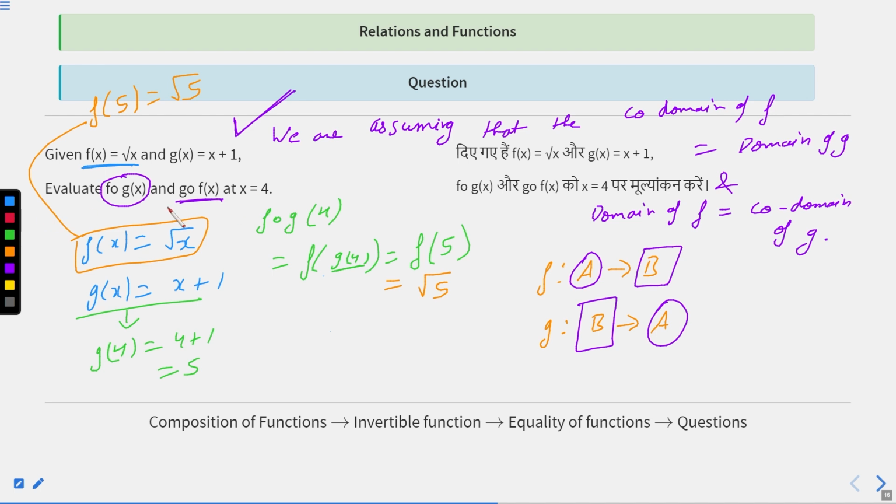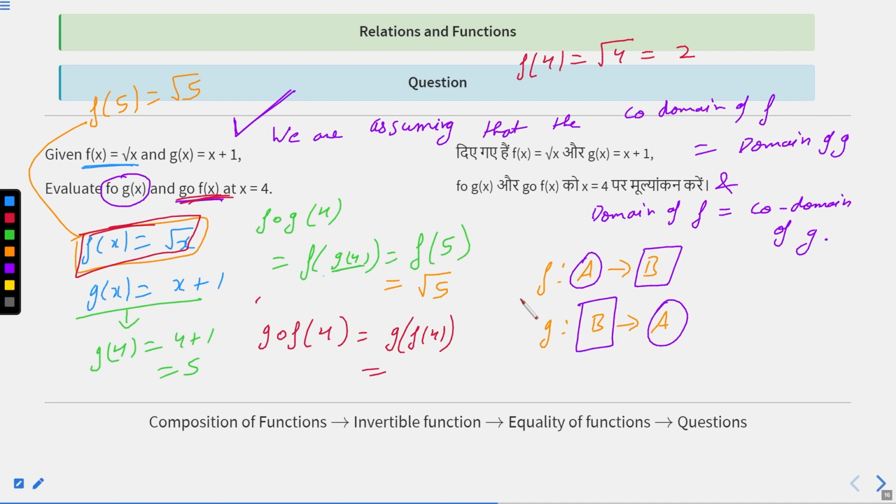Now g of f of 4 will be g of f(4), and f(4) we can find out from here. So f of 4 will be root of 4, and root of 4 is equal to 2.